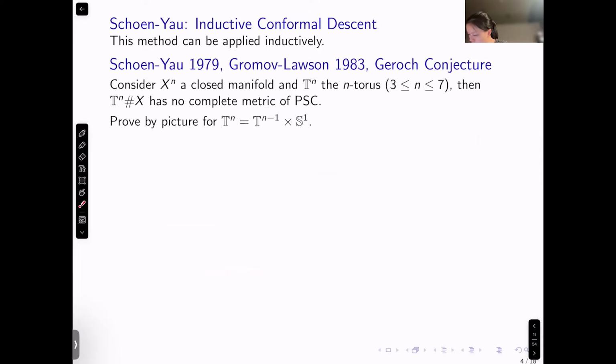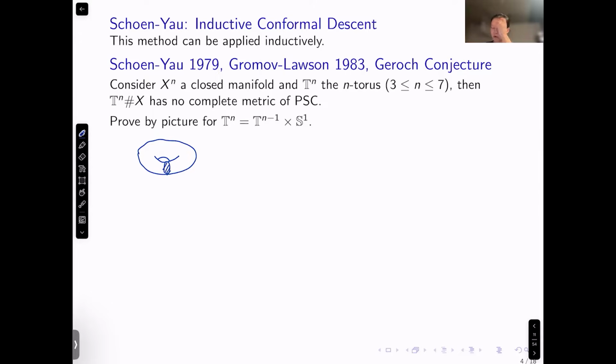Now, this method of Schoen and Yau can be applied even inductively. Schoen and Yau use this to prove that the torus, in particular the torus connect sum with a closed manifold, has no metric of PSC, and we can give a heuristic of the proof by looking at the picture where we look at the torus.